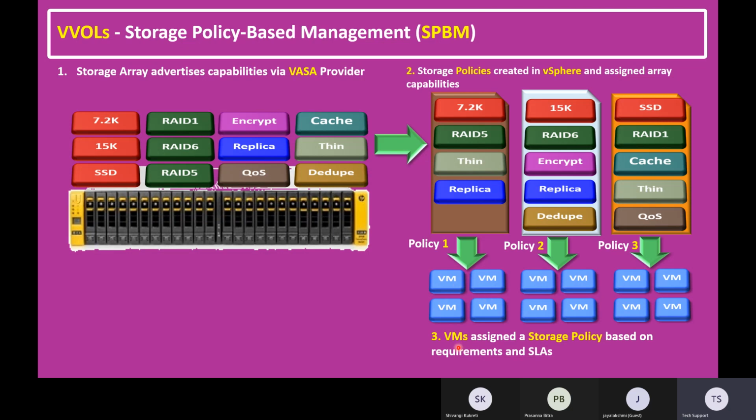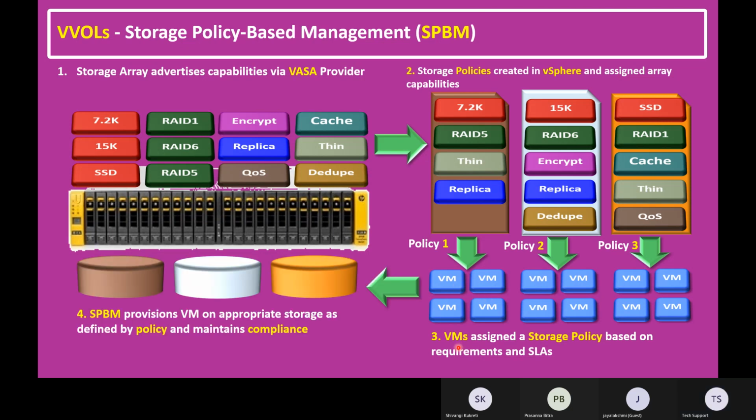Okay. Now the fourth step is SPBM provisions VMs on appropriate storage as defined by policy and maintains compliance. So here see gold container, silver container, and bronze container. Once we have created those, all the virtual machines, where will they be stored? Suppose I choose policy 1, all VMs come and are stored on the bronze profile only.